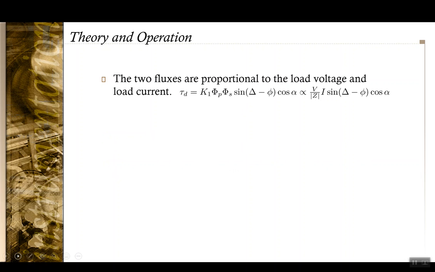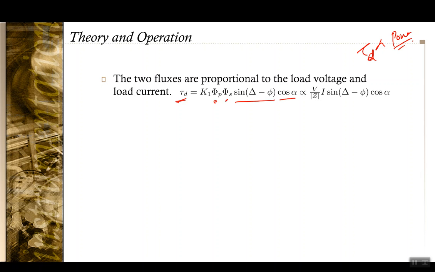Okay, now let's go further into the mathematics of this. We've already seen that we want the deflecting torque to be proportional to the power. That was the conclusion from the last slide. The deflecting torque is proportional to the flux in the two coils, sine of delta minus phi and cos alpha.